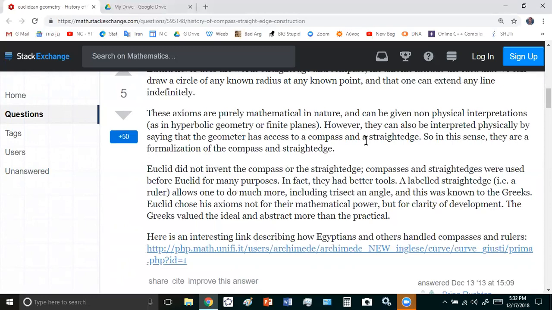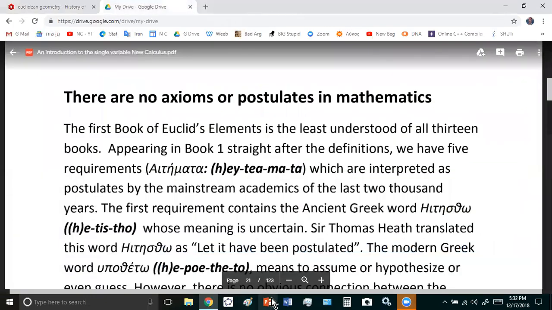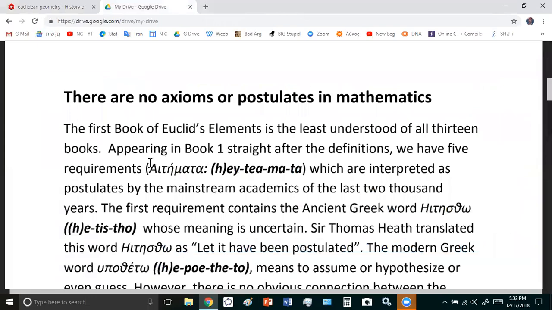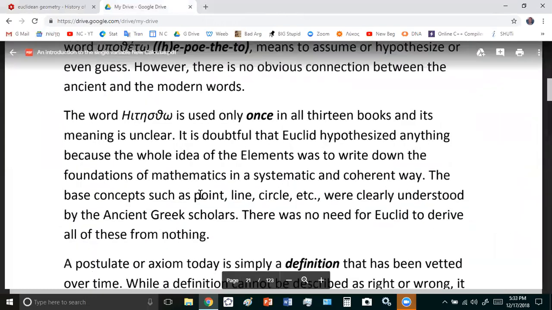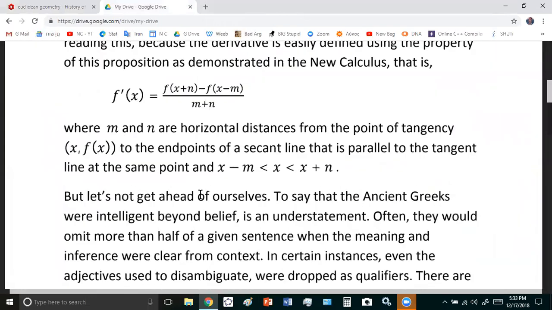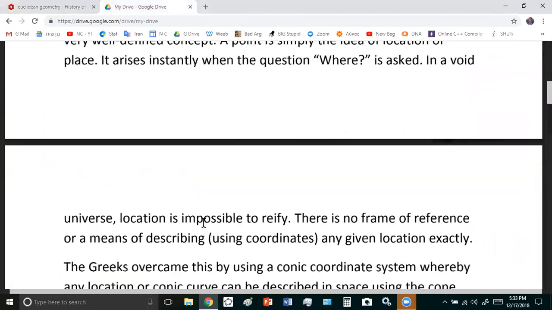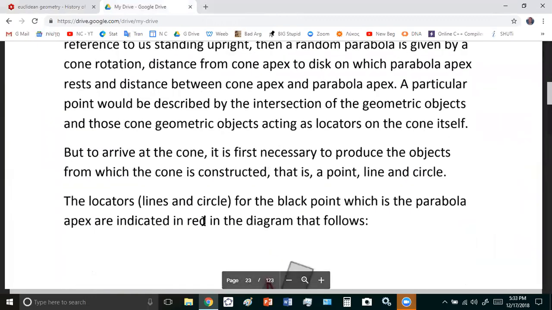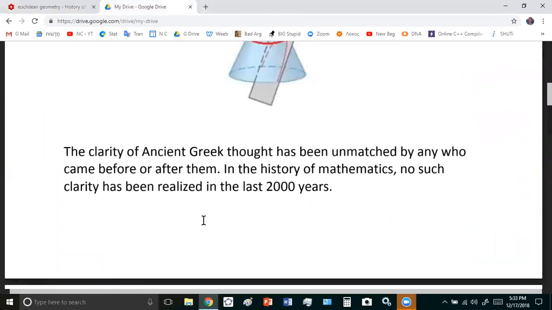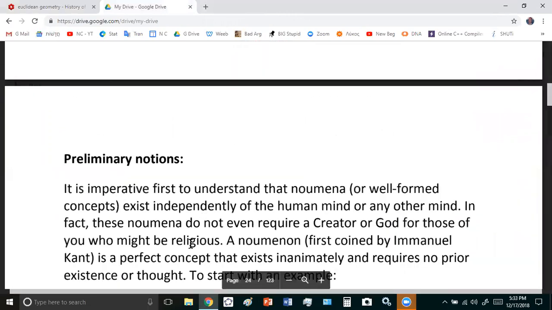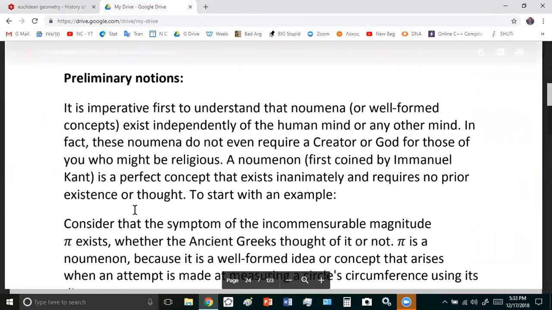So now, in the most important work published in mathematics, which is my book on the single variable calculus, I actually derive all of these concepts from nothing. And this particular chapter here is the beginning of understanding all of mathematics.